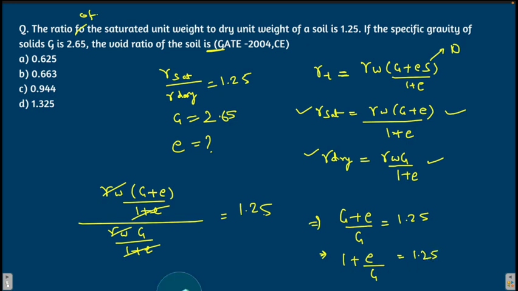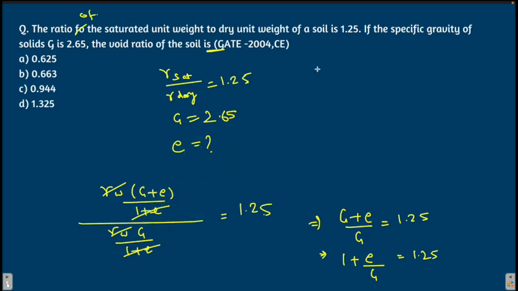Now let me rub a few things. I'm not getting any space to write. Now 1 plus void ratio over G is what you have to find. G is 2.65, given in the question, and it comes out to be 1.25. Now if you subtract 1 from 1.25, you will get 0.25. So e is nothing but 0.25 into 2.65.